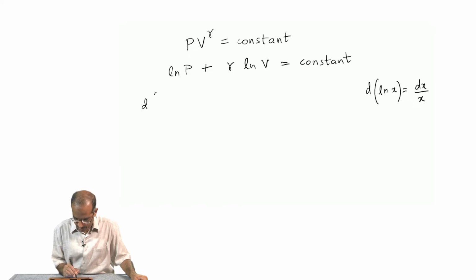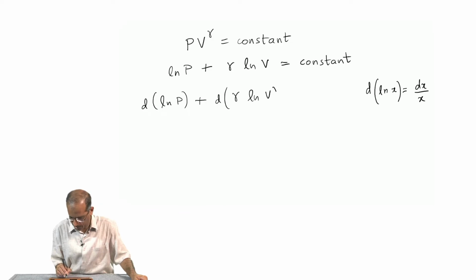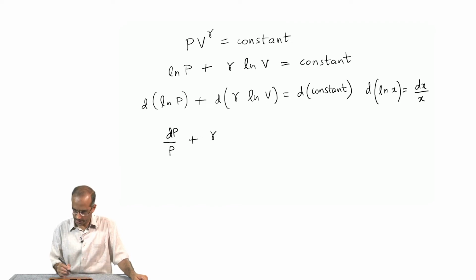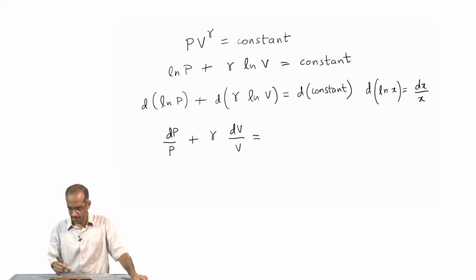So, it will be d of log p plus d of gamma log v equal to d of a constant. So, this is going to give me dp by p plus gamma is a constant, can be taken outside, and d of log v will be dv by v, and taking a differential of a constant is going to give me 0.